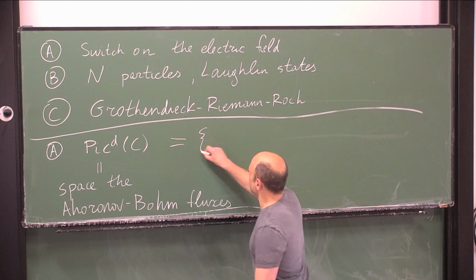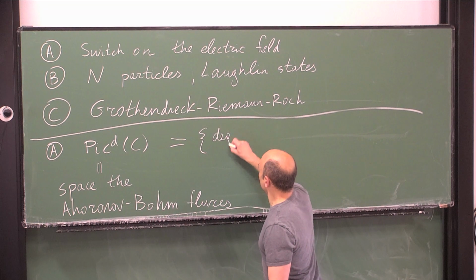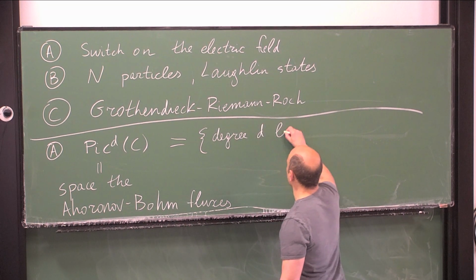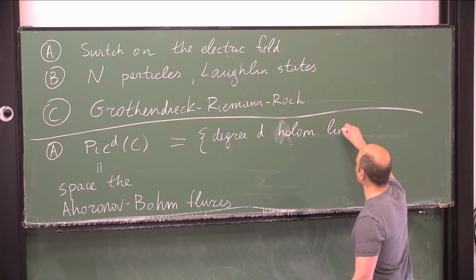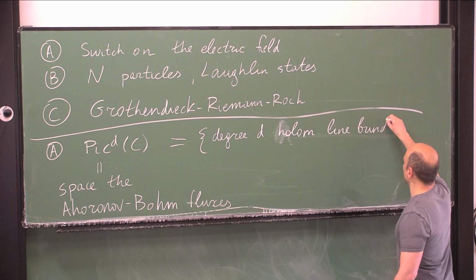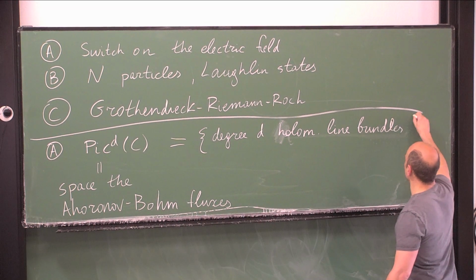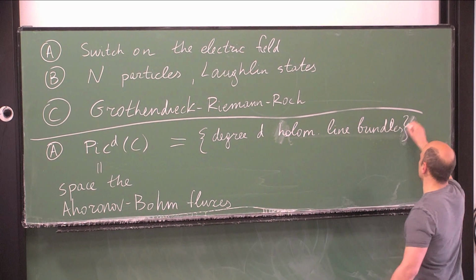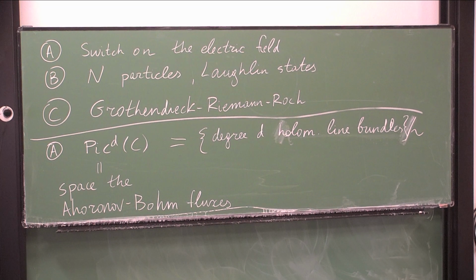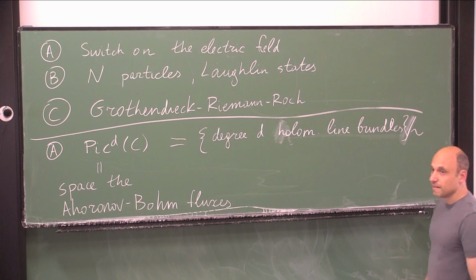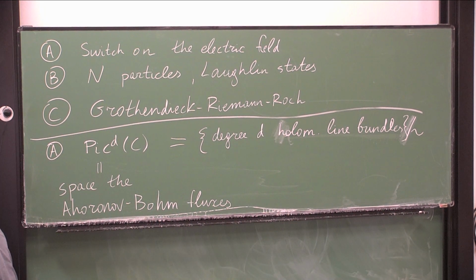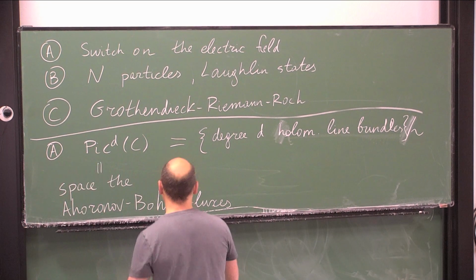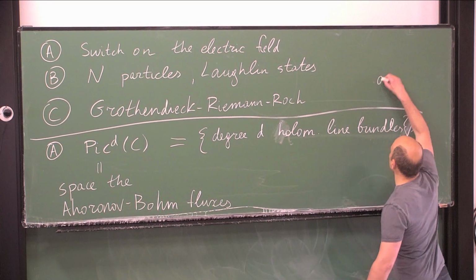For a mathematician it's the space of degree D holomorphic line bundles, line bundles modulo isomorphism. And what's D? D is the degree of L. It's the total magnetic flux.